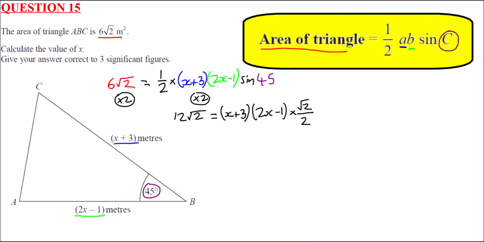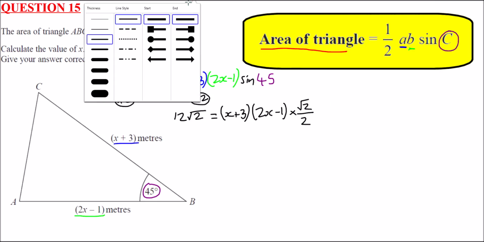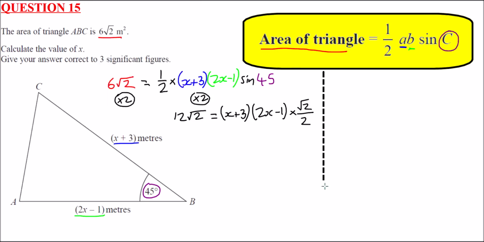Now what I can do is I can cancel both root 2 on the left-hand side and the right-hand side. I'll just section this off here like so to make sure I'm not going to run out of space like I tend to do. So I can divide through both sides by root 2 like so. And then afterwards, to get rid of this 2 here, I can then multiply both sides of it by 2.